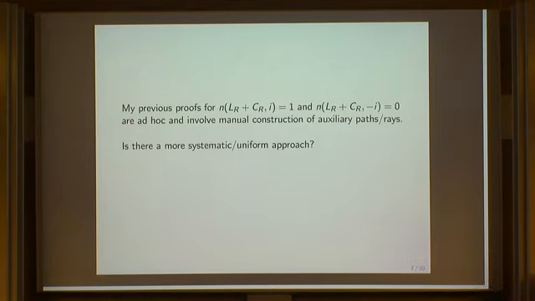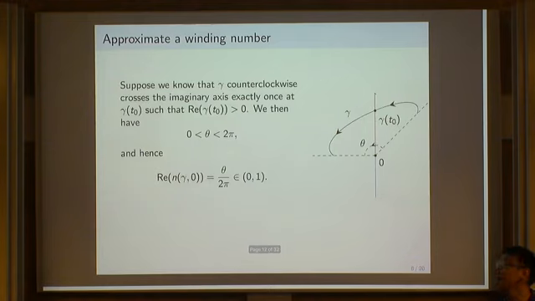My previous proofs were ad hoc and non-systematic. Most importantly, these proofs don't generalize. So I began to wonder if there is a better, systematic, uniform way to do these kinds of evaluations. The answer is yes, and it is through approximation.